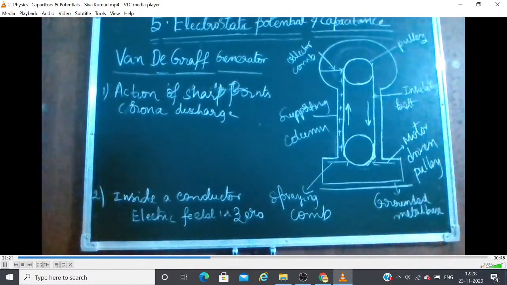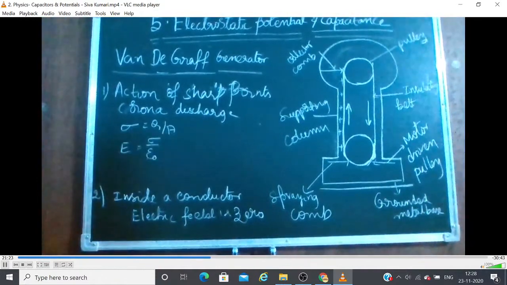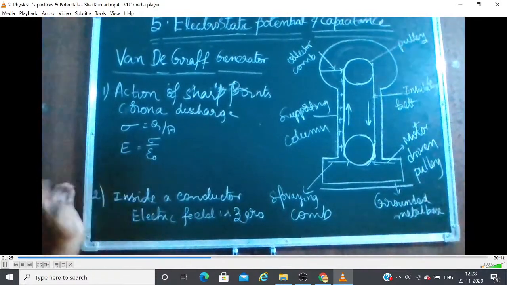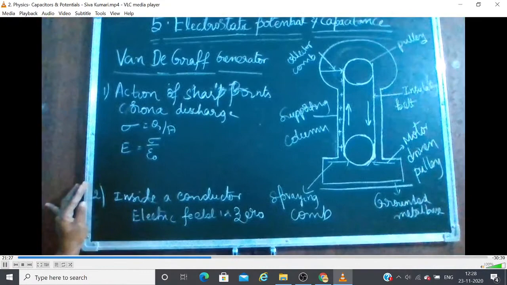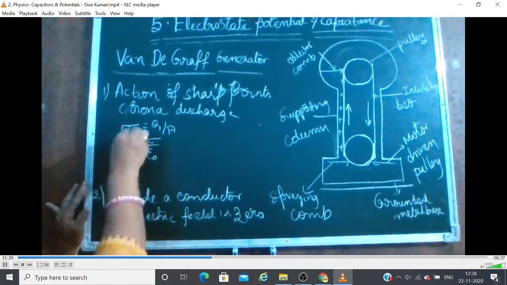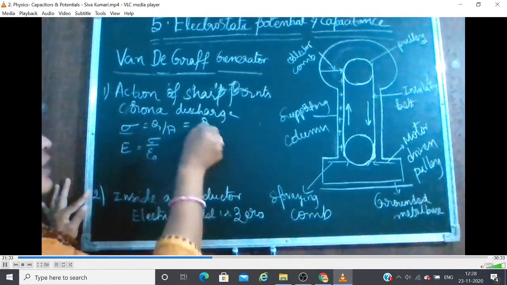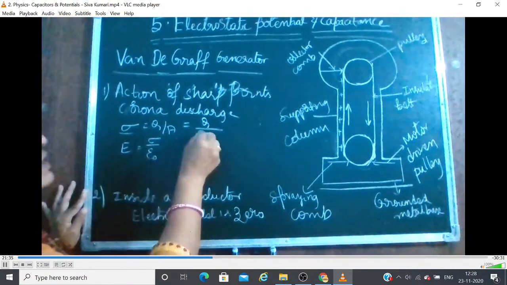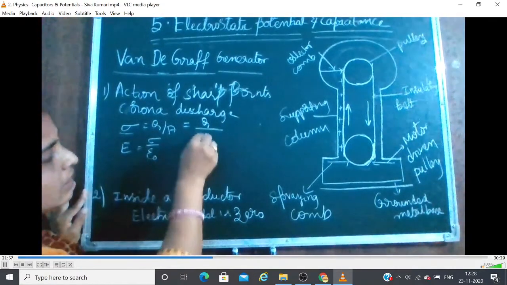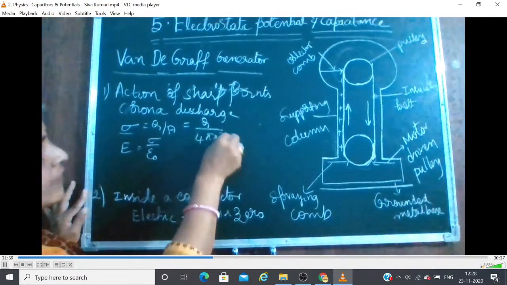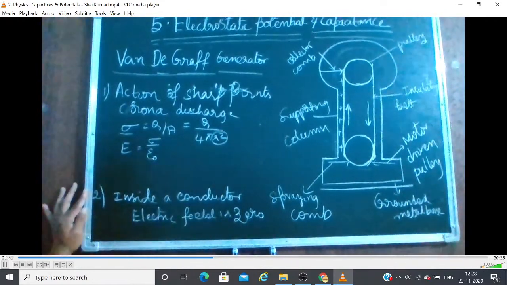The formula is sigma equals charge per unit area. This is the surface charge density, and from this formula we can write, for a sphere, 4 pi r square, where r is the radius.